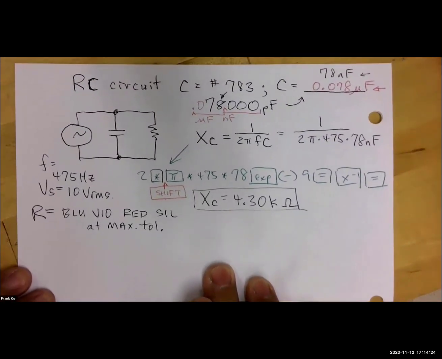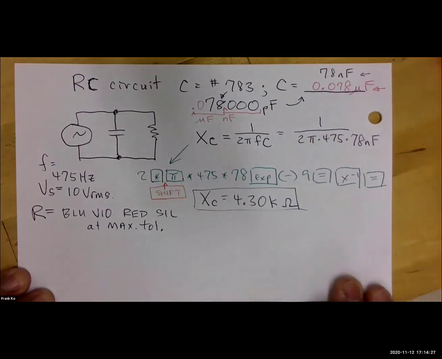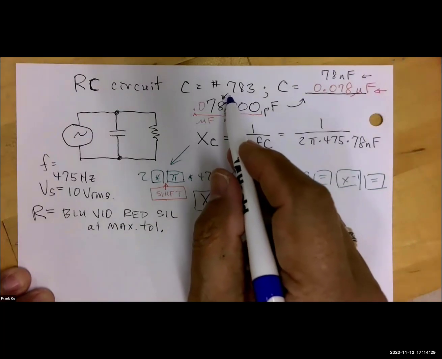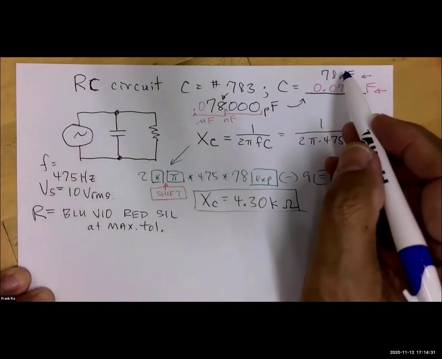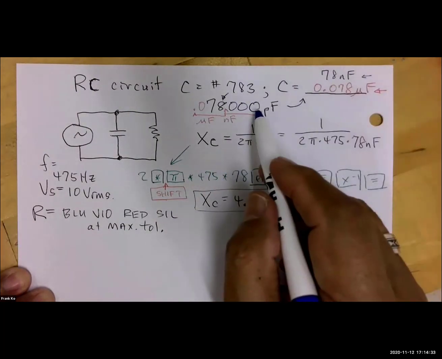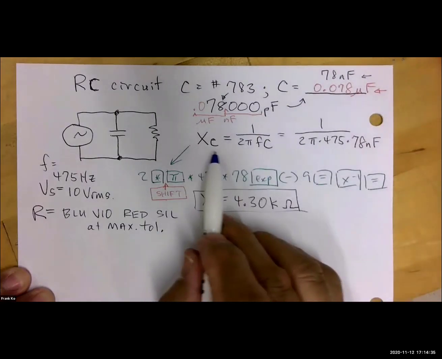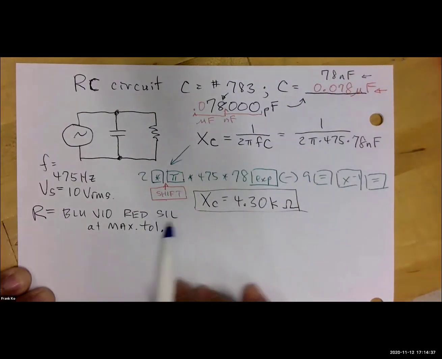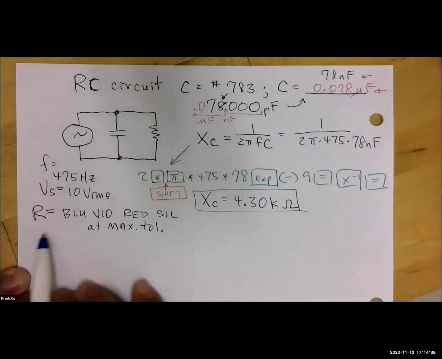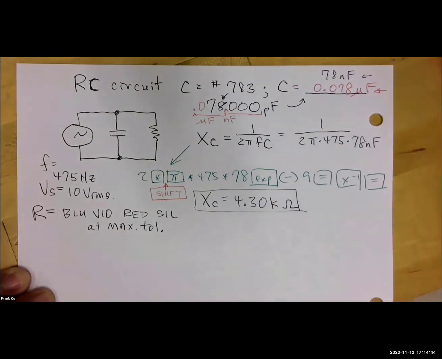And yes, you'll be seeing stuff like this during our final. You'll be getting a capacitor code. You'll need to accurately determine the capacitance. You'll need to determine what the reactance is. You'll be given color codes at minimum or maximum tolerance. You'll need to interpret this in terms of resistor value.